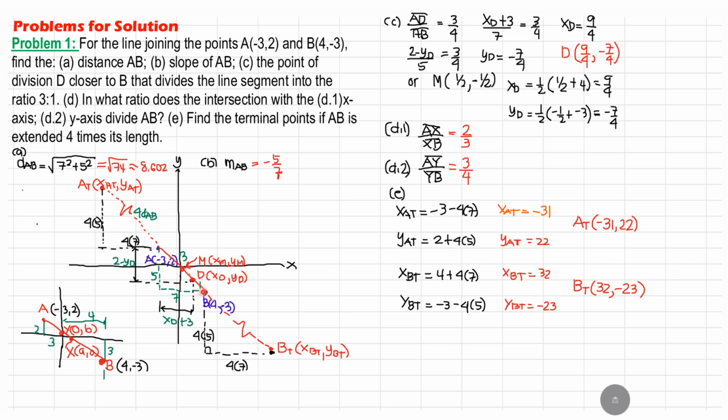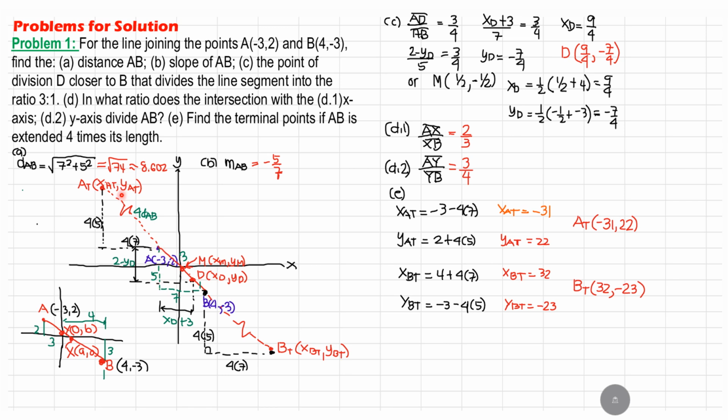So for instance, this is 7. So we extend, that's the long break, of course, when we multiply by 4, it may be outside the screen. So just have that long break. So this is 4 times 7, where 7 is the horizontal projection of AB, while this is 4 times 5, where 5 is the vertical projection of AB.